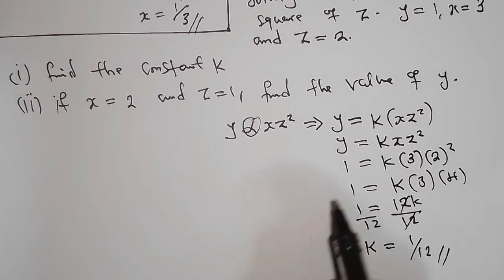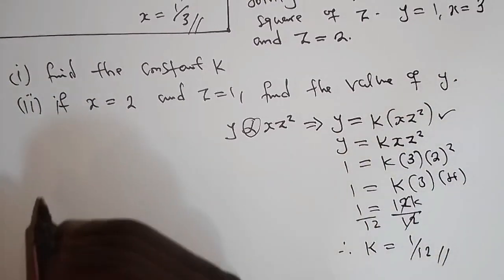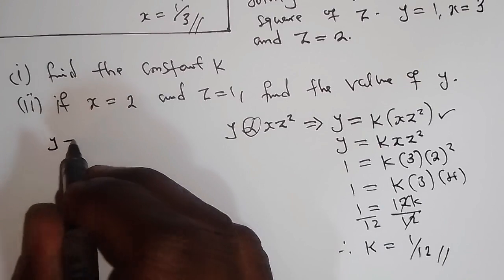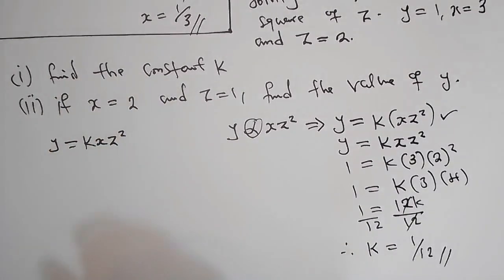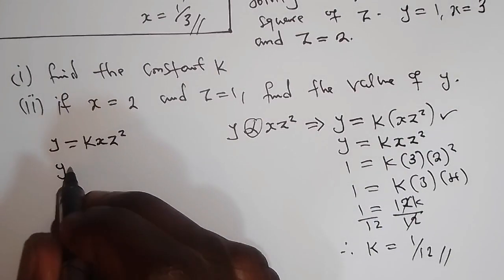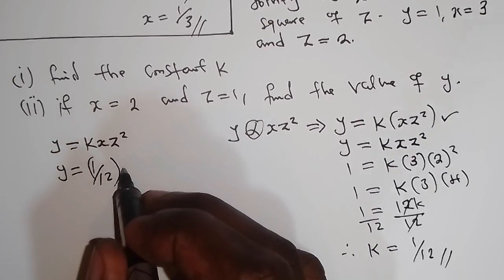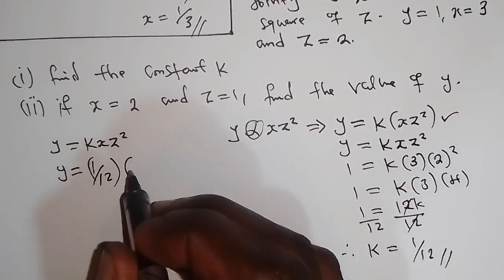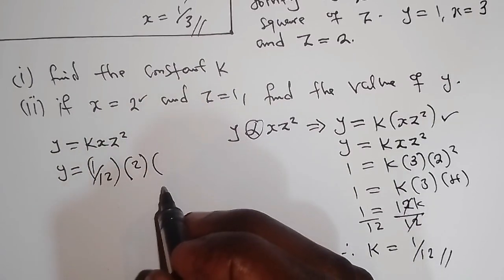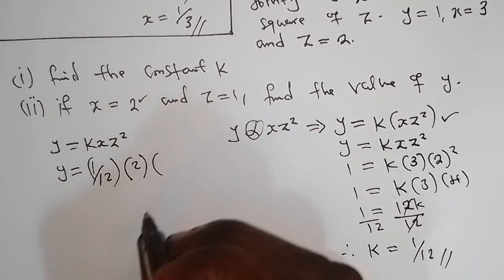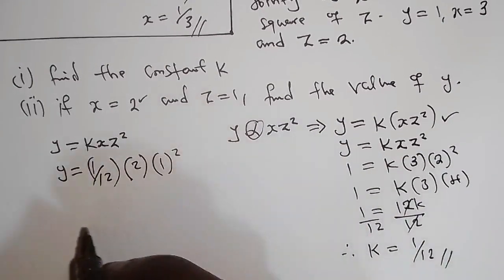Now to find the value of y, we still use the same formula: y is equal to k x z squared. So y equals 1 over 12, multiplied by x, which is now 2, and z is given as 1, so it's 1 squared.